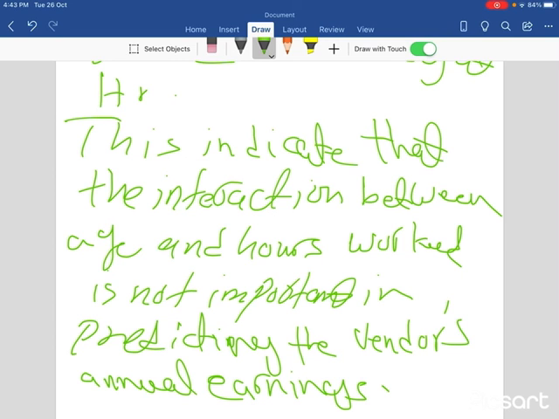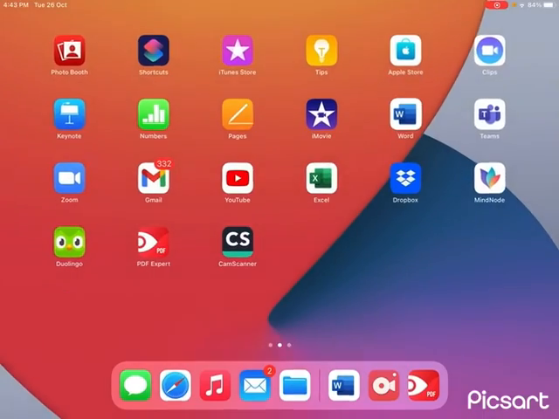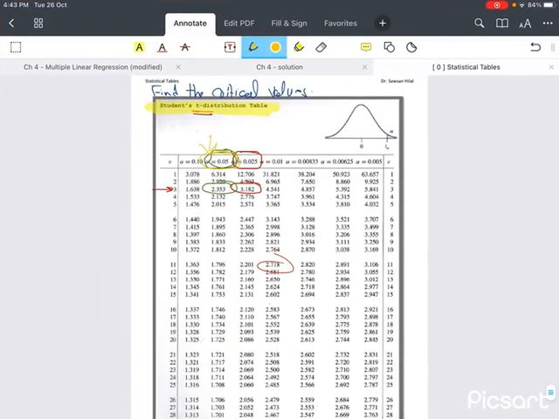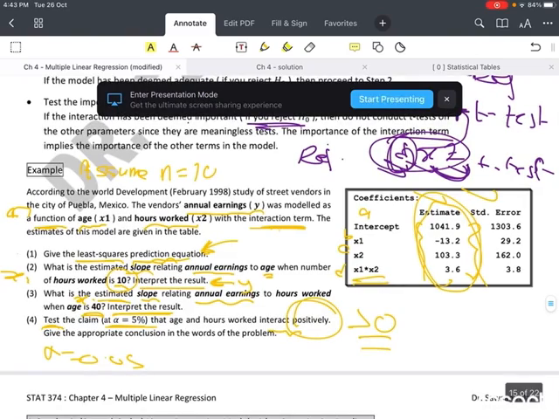Okay, so this would be the answer for exercise 4. This would be the answer for this question.